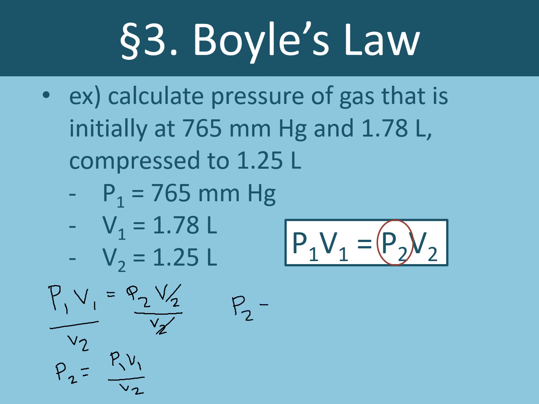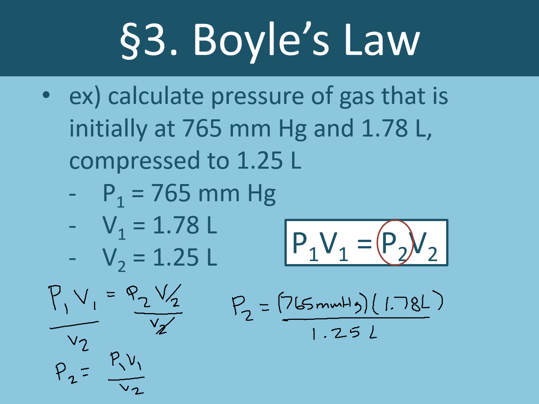P2 is equal to 765 millimeters of mercury times 1.78 liters divided by 1.25 liters.